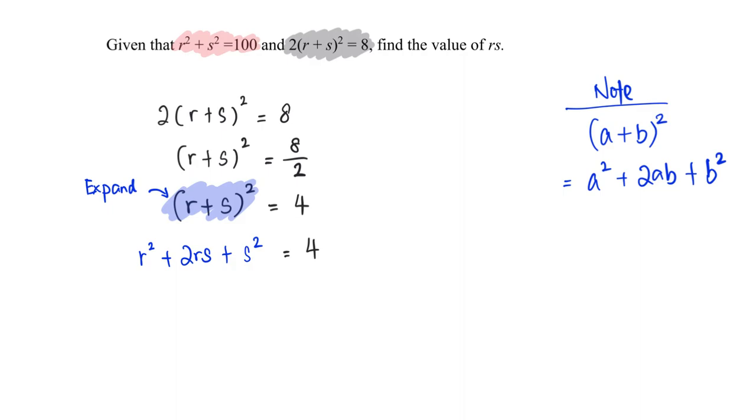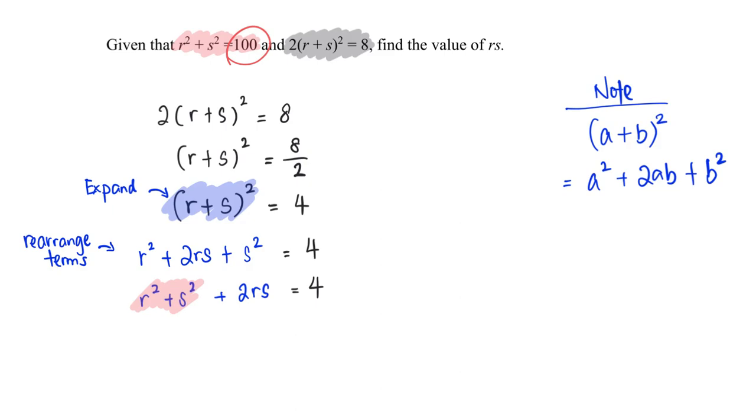Then at this point, I am going to rearrange the terms such that r squared is in front, s squared is in front. And I notice something. I got my r squared plus s squared, and I know the value of r squared plus s squared, which is 100.